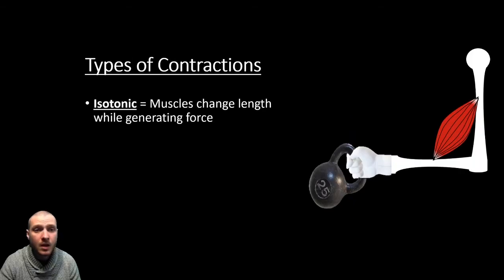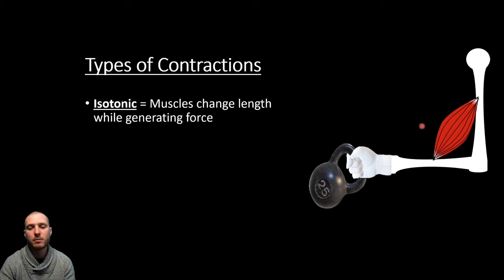When we talk about types of contractions, there's going to be more than just one type. There's going to be different definitions depending on how the work is being performed. So if the muscle is changing lengths while generating force, we're going to call this isotonic. Iso meaning same, tone meaning the tone of the muscle itself.